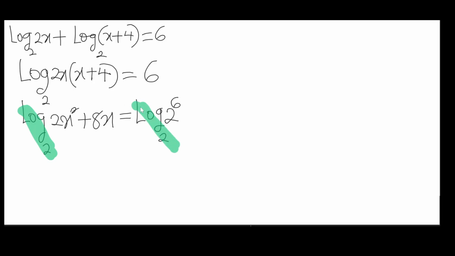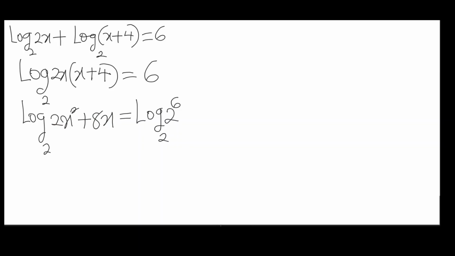So instead of working with the logarithms, I'll be working with the arguments, because both logarithms have the same base. If both logarithms on the left hand side and the right hand side have the same base, it automatically translates that both arguments are also the same. That is, this is also the same thing as 2 to the power of 6. So instead of working with the base, I'll continue working with the argument, because it is an equation. Now let me continue with the argument.